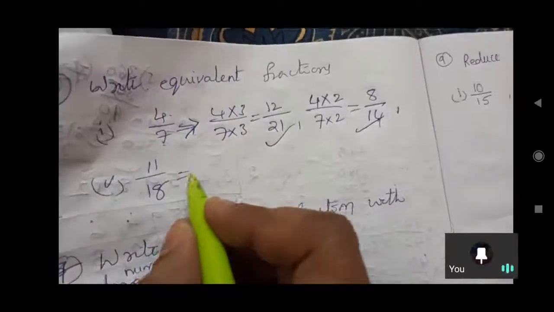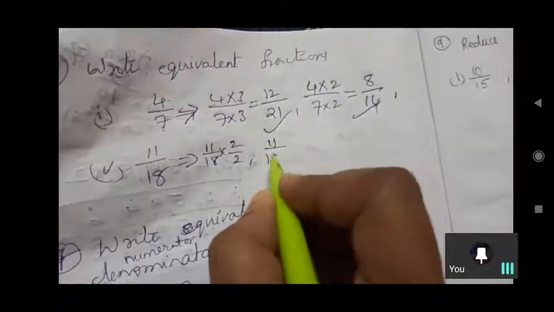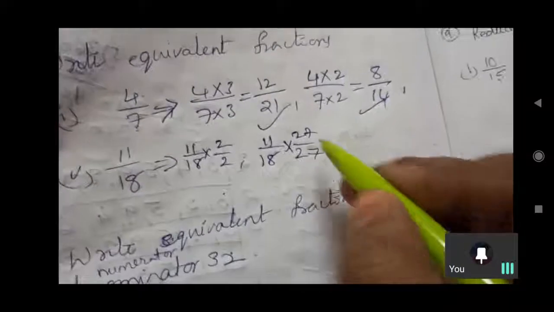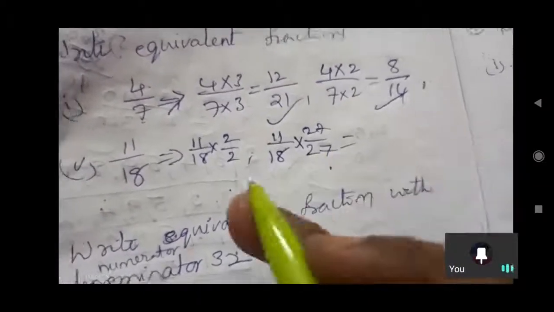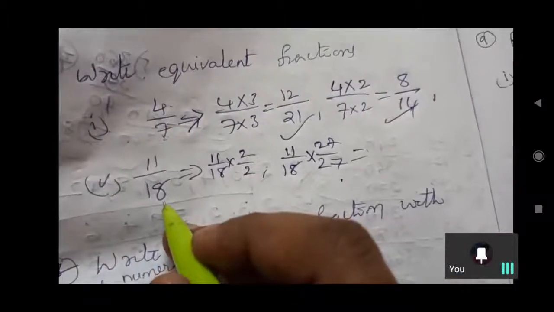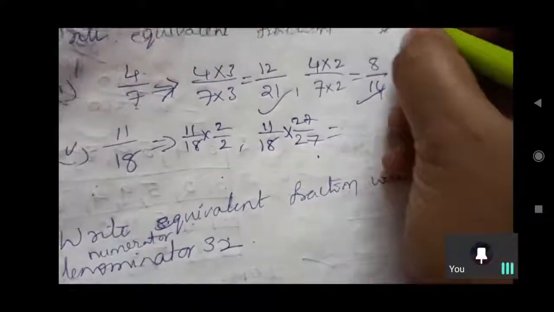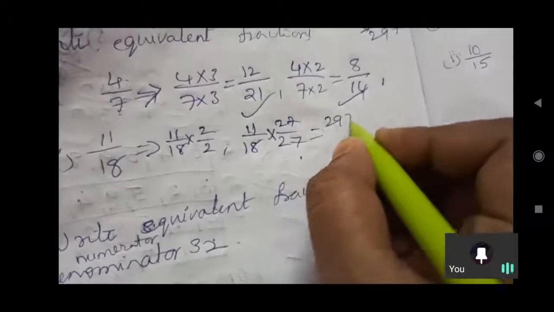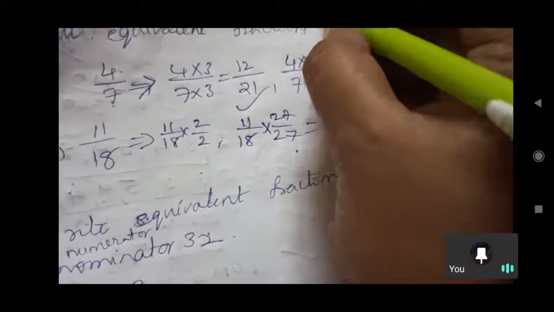For 11 by 18 also, we can multiply 11 by 18 into 2 by 2, or into 27 by 27. Any number you can take, but it must be the same in the numerator and denominator. So 27 into 11: 11 sevens are 77, 11 twos are 22 plus 7, 29, so 297. And 27 into 18: 18 table, do you remember?